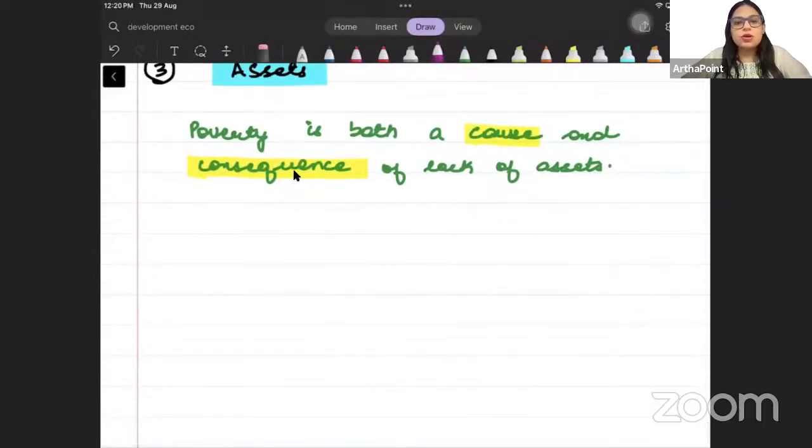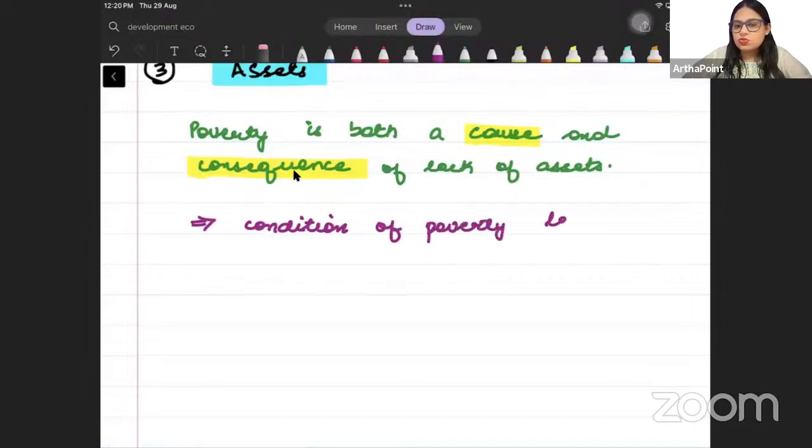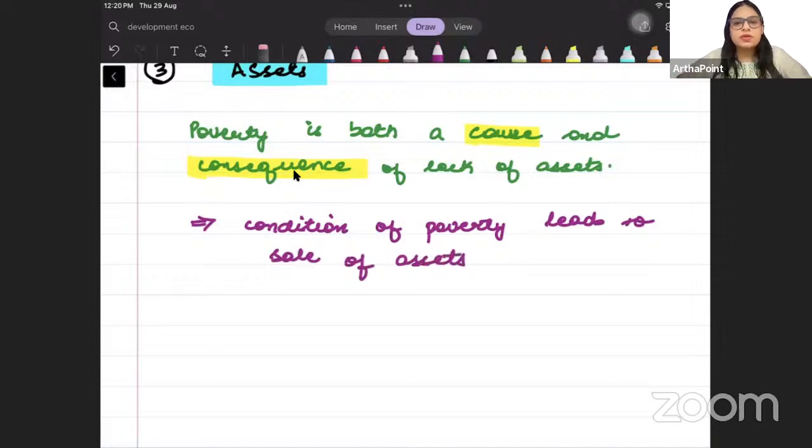So what we can therefore say is that it is a two-way thing, right? So please write down: condition of poverty leads to sale of assets, thus cause of lack of assets.